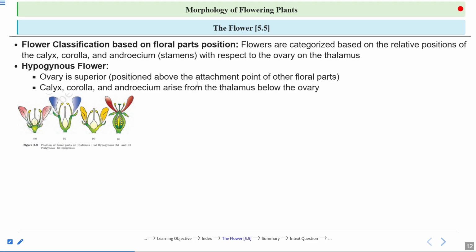The calyx, corolla and androecium arise from the thalamus below the ovary. They are also attached to the thalamus, but below the ovary. So in this case your ovary is superior to the other parts, calyx, corolla and androecium. In a hypogynous flower, always remember the ovary is superior.